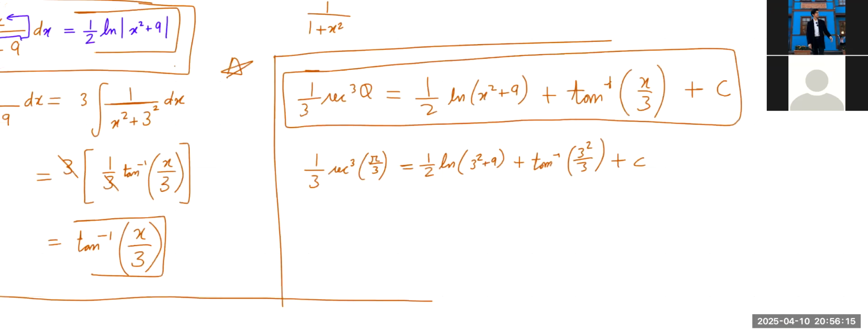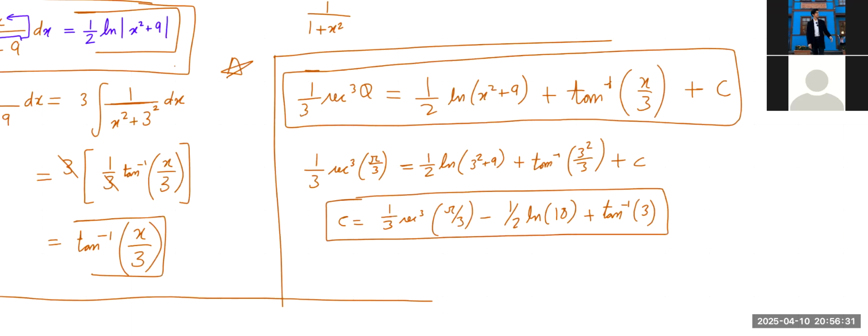And that means that c is going to be 1 over 3 secant cubed pi over 3 minus half natural log of 18 plus arctan of 3. This is your c.